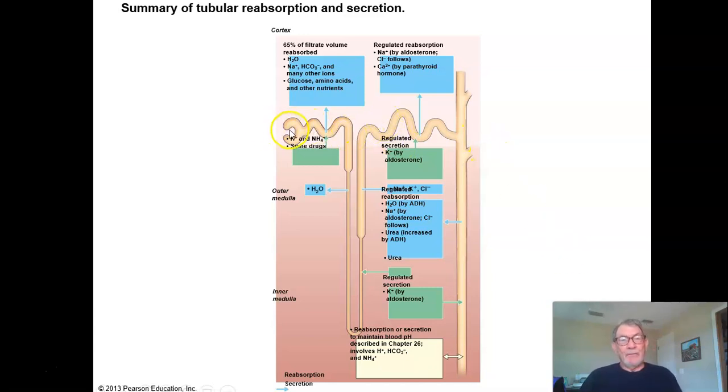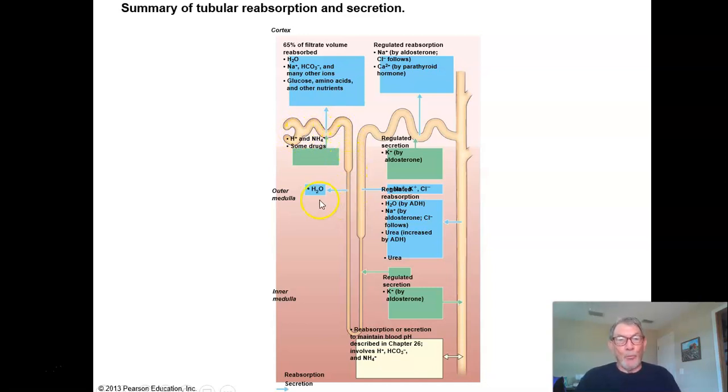Once again, here's Bowman's capsule, and there's the glomerulus ball inside there. Afferent arteriole comes in. You filter out a bunch of fluid, and then the efferent arteriole goes down by the tubules and picks up the things that you want. You reabsorb 65% of everything in this proximal tubule.